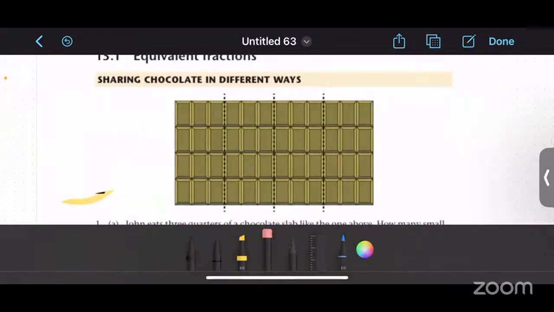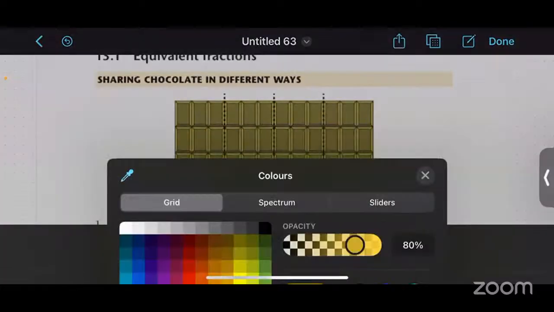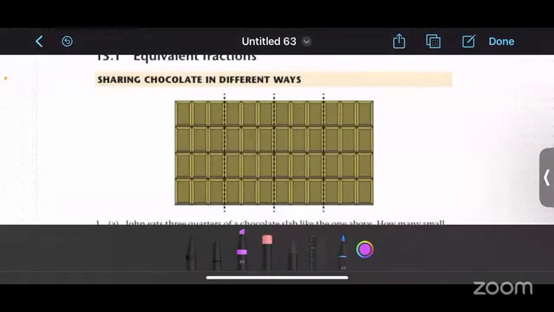You see, they can be shared like this. I need a different color, maybe purple. So you're going to share with this: one, two, three, four. So you see, you can share it like this.